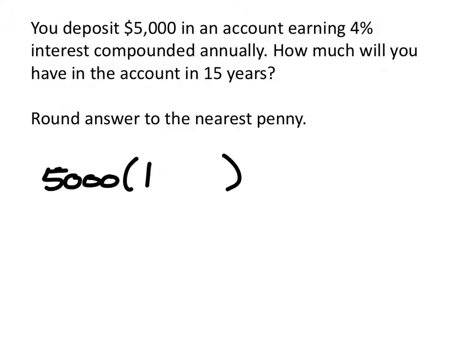That hopefully makes sense. But we're going to add 4%, which as a decimal, because that's our rate, is 0.04. So 0.04 added to the 1 for how many years? 15 years. So that's our exponent, because it would just keep repeating that 15 times.